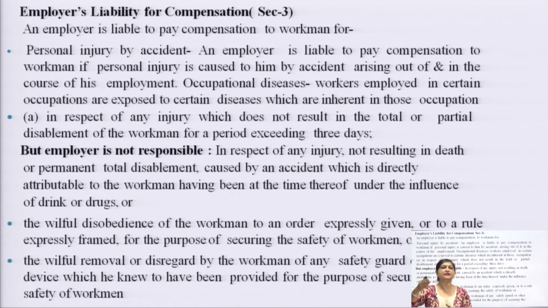This is what I was telling you: the accident must arise out of the terms of employment and occur in the course of his employment. If any accident occurs outside the organization where he is working, while he is doing something related to his personal life, then the employer is not liable for any compensation.